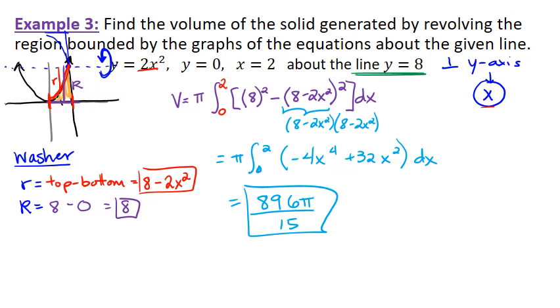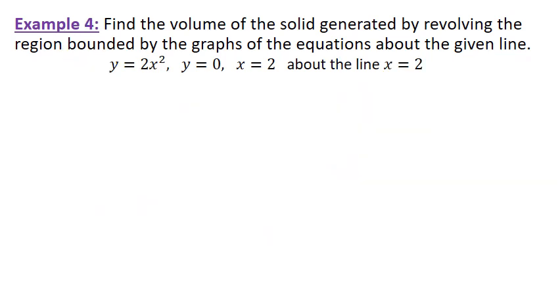Let's take a look at another example that revolves about a line other than one of the axes. All right, so we have the same region once again, and this was chosen simply for simplicity purposes.